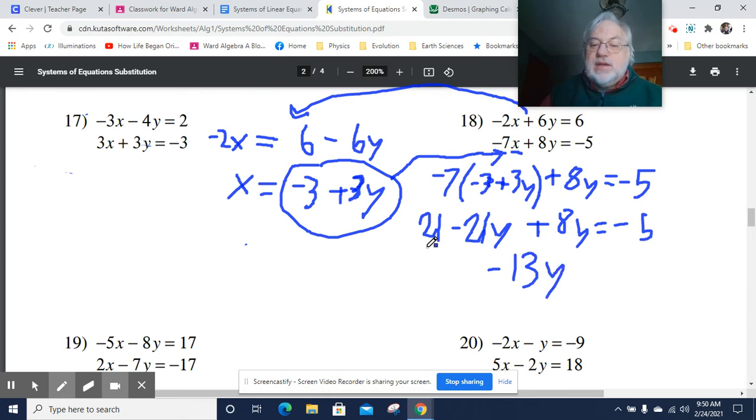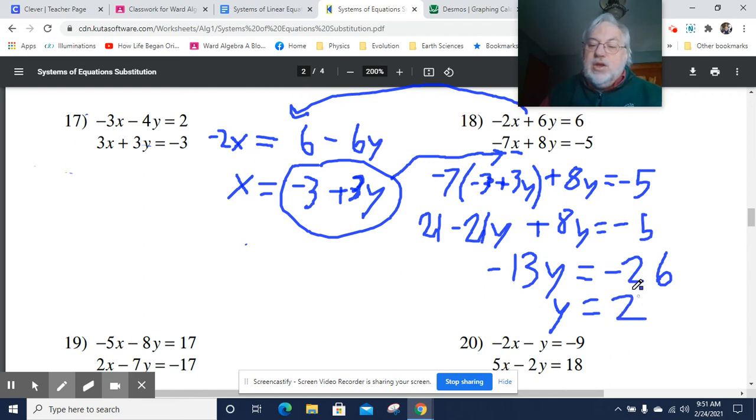I'm going to subtract 21 from both sides, so I get rid of that. So negative 21 and negative 5 is going to make negative 26. Ooh, that's a convenient number. Now I'll divide both sides by negative 13. Negative 26 divided by negative 13 is 2.